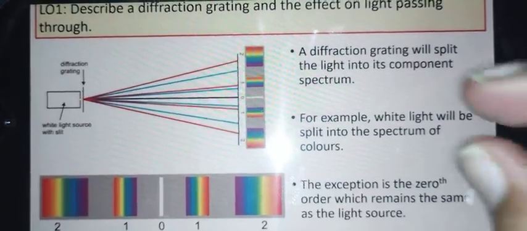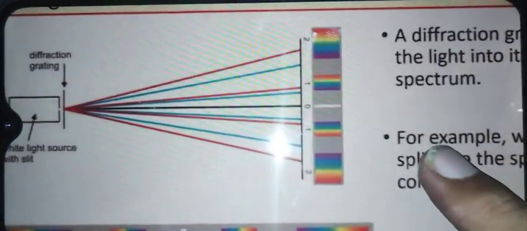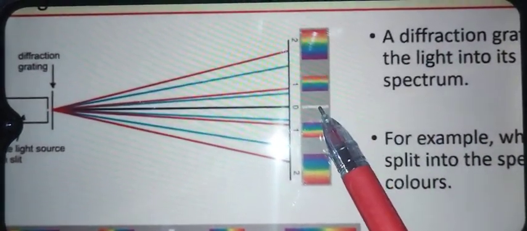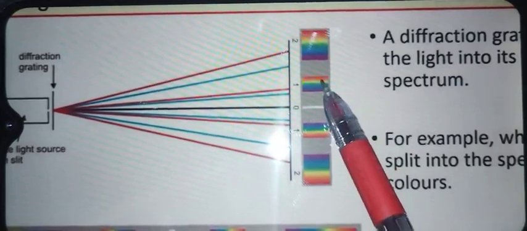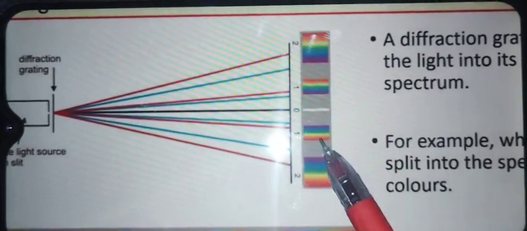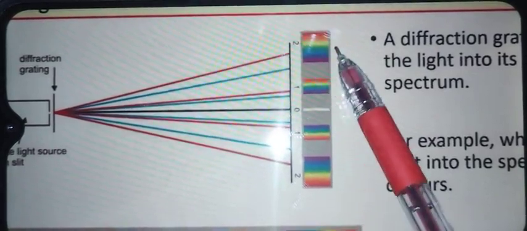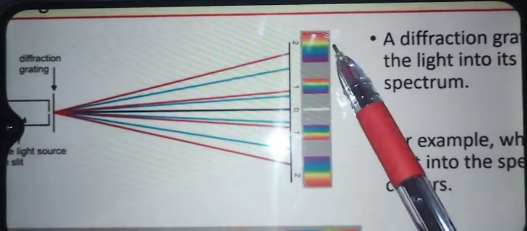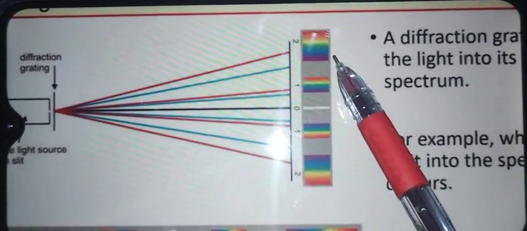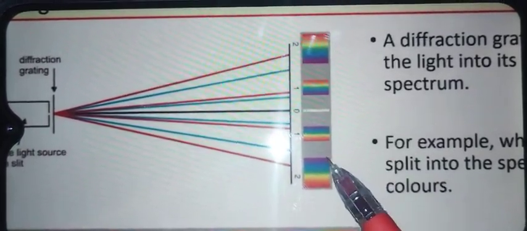See here in this diagram carefully, the grating spectra: central bright, first order spectrum violet to red, second order spectrum violet to red.